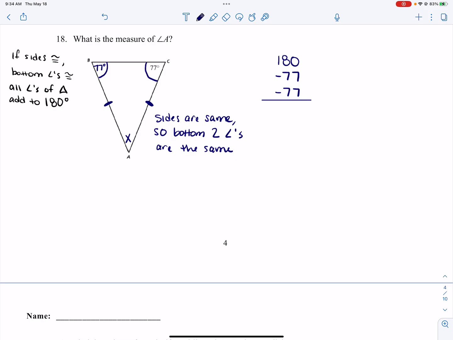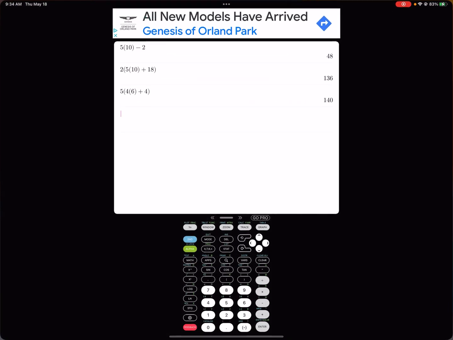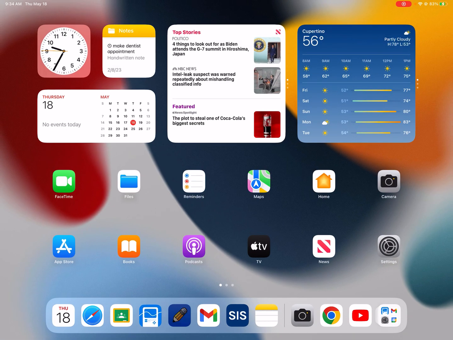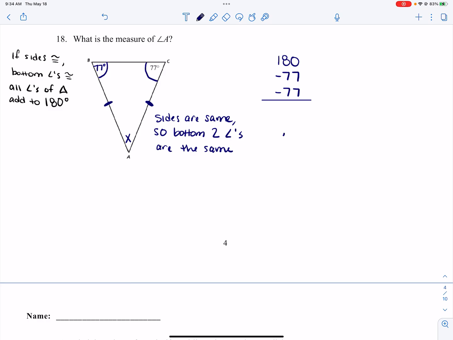So I'm going to get my calculator, 180 minus 77 minus 77, and I get 26 degrees. So angle A equals 26 degrees.